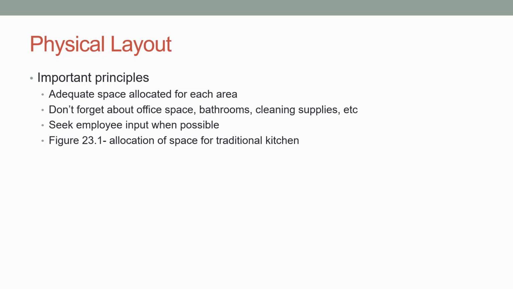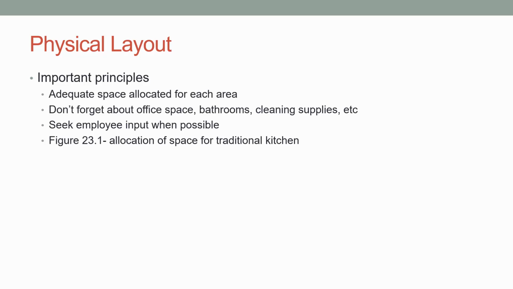So some other important principles to think about. We want to make sure adequate space is allocated for each area. And if you're looking at figure 23.1 in your book, that gives you an estimate of in a 4,000 square foot traditional kitchen, how much you may have for each space.